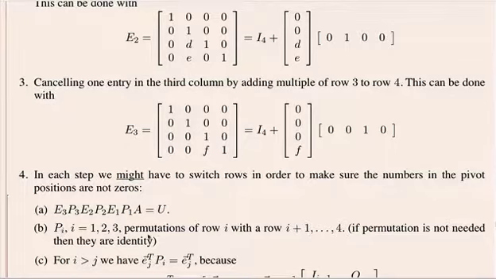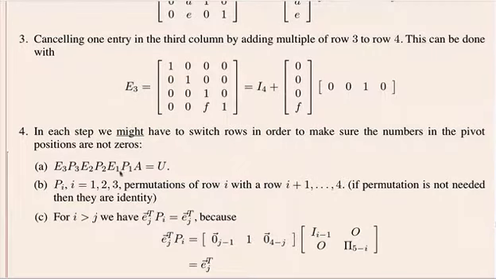These Pi are permutations of row i with rows i plus 1 and so on, the rows below. If a permutation is not needed, then they are just the identity matrices. The point is that we are going downward, so the permutation would be permuting the ith row with the rows downward.